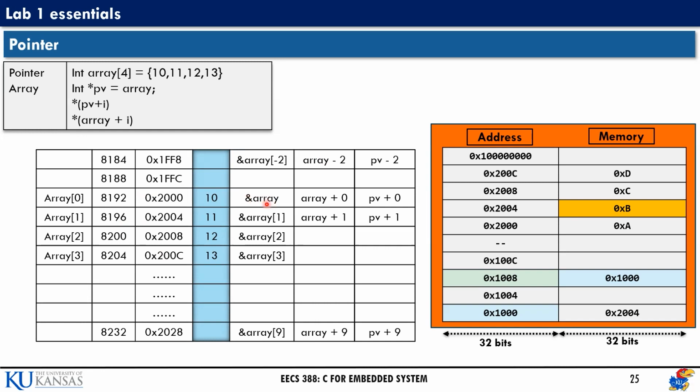Also, if we have an array, we can just add 0, 1, 2, or 3 to access this data instead of this vector format. This is also doable. For example, if we create a pointer that is pointing to the array, we can also use that pointer to access the data from these locations.